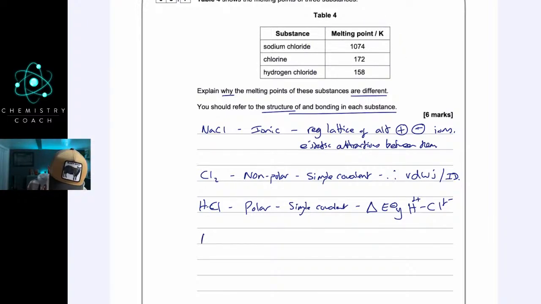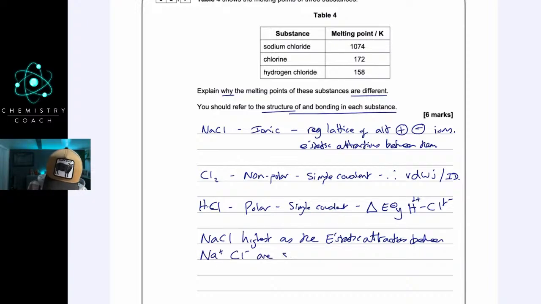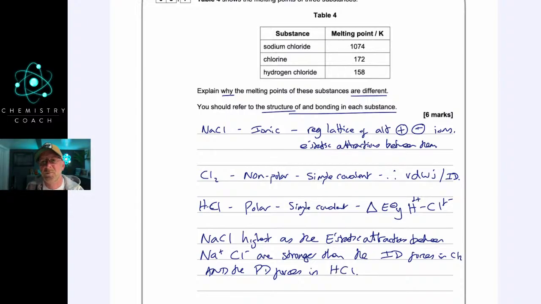So I would say NaCl highest as the electrostatic attractions between Na plus and Cl minus are stronger than the ID forces in Cl2 and the permanent dipole forces between HCl. Okay, so you're just going boom.